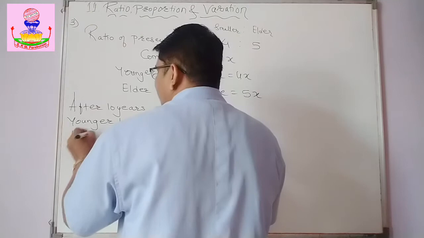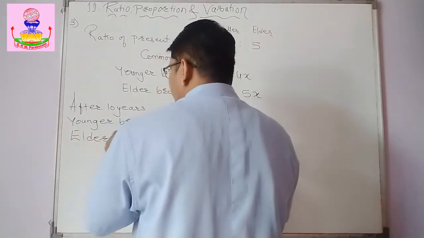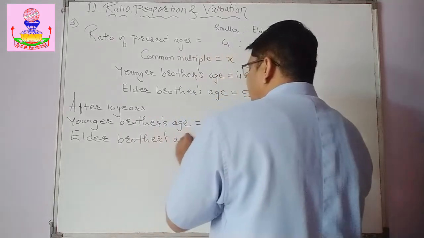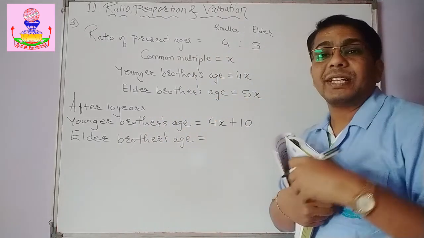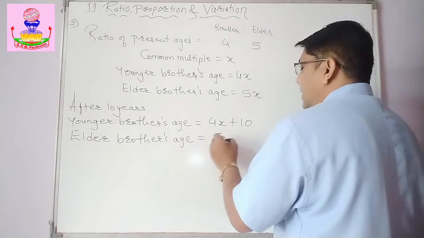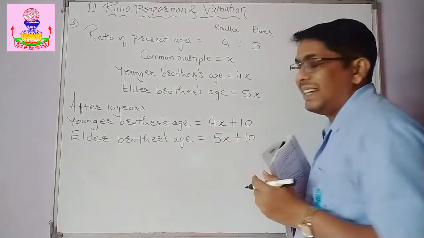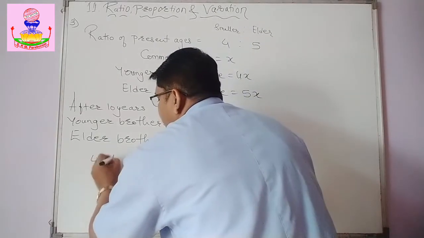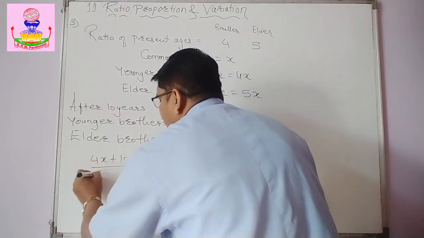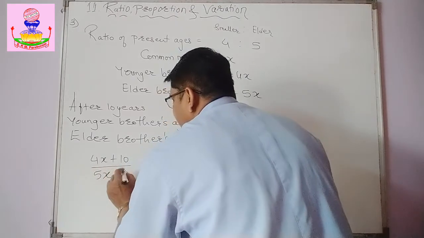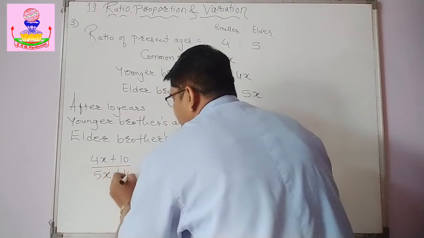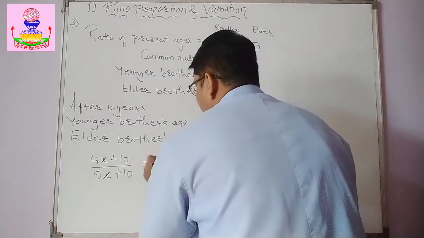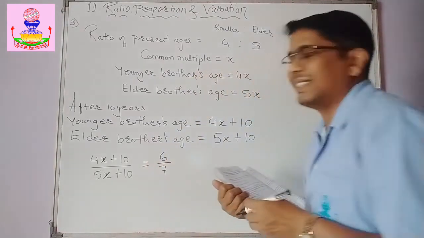Then elder brother's age: how much is it now? 5x. So after 10 years, 5x plus 10. And this ratio is given. That is (4x plus 10) upon (5x plus 10) is equivalent to 6 is to 7. So 6 upon 7.